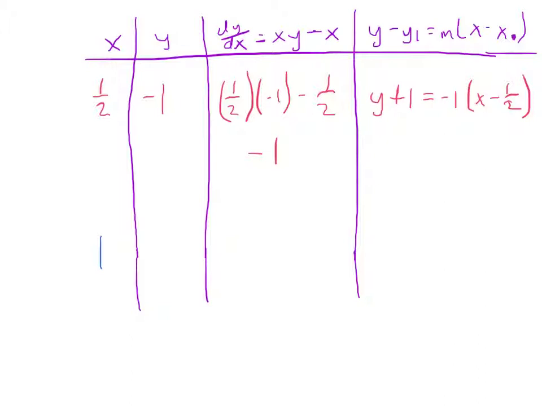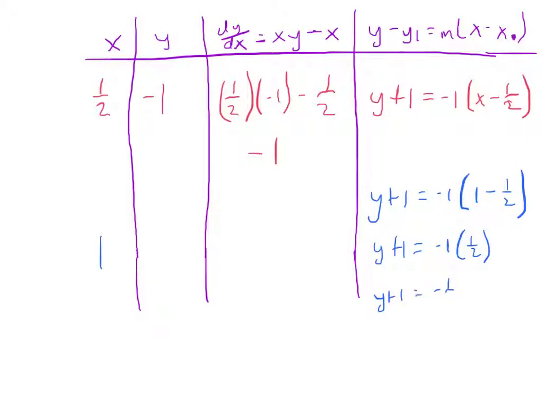So we would have y plus 1 is equal to -1 times 1 minus 1/2. Solving for y, we would have that y plus 1 is equal to -1 times 1/2, making y plus 1 equal -1/2, so y would equal -3/2.